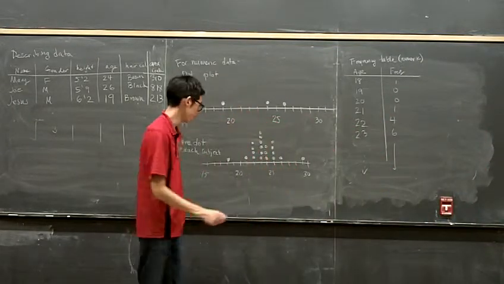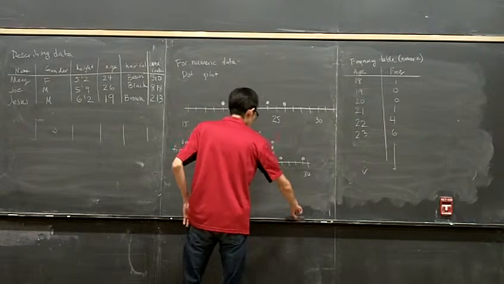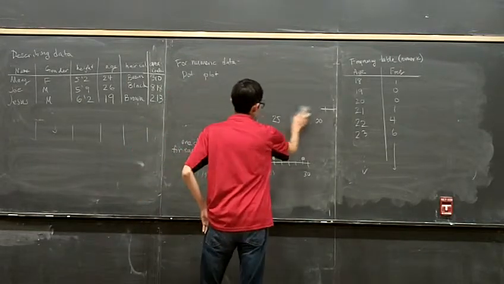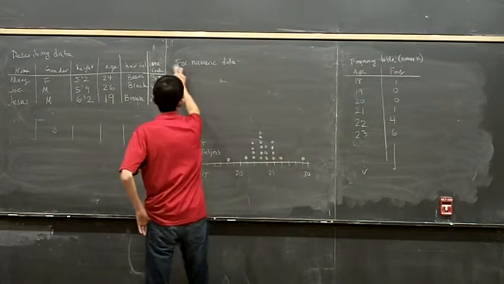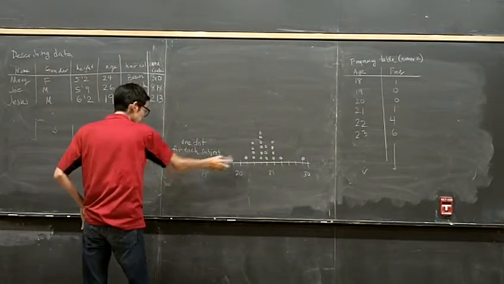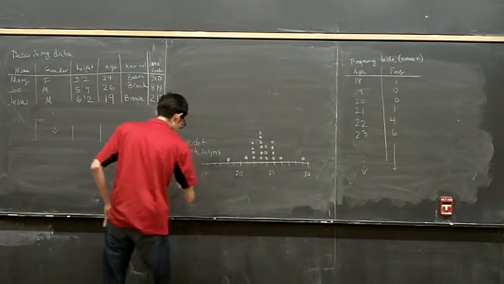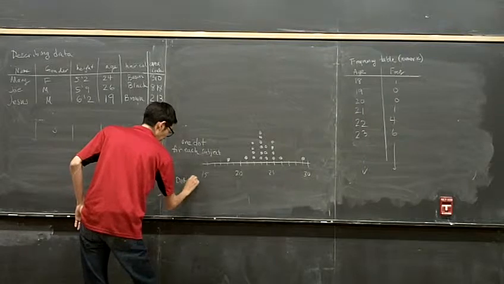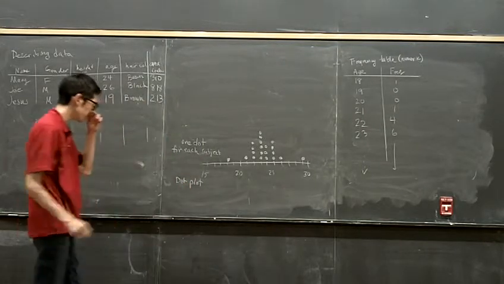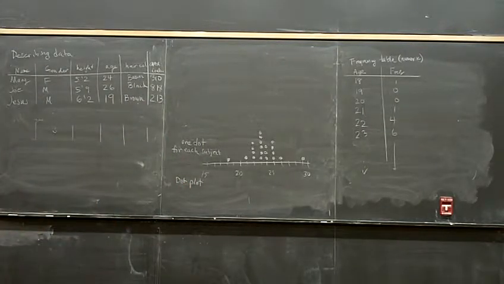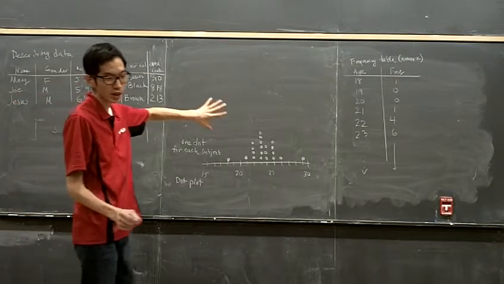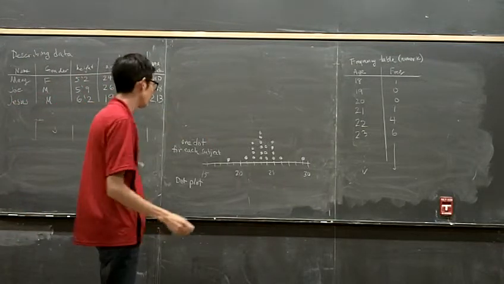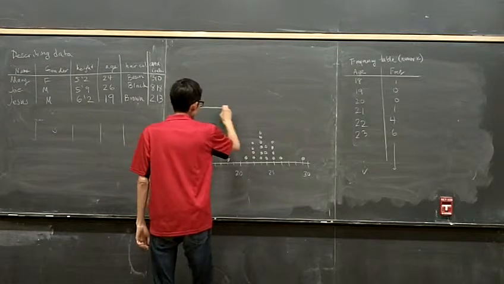All right, and then you could imagine, so this thing is called a dot plot. But for large data sets, if you have a whole bunch of dots, it can be inconvenient, or difficult to look at.